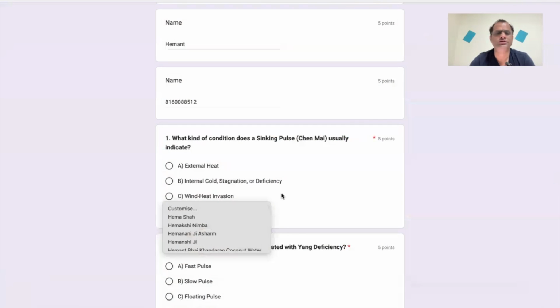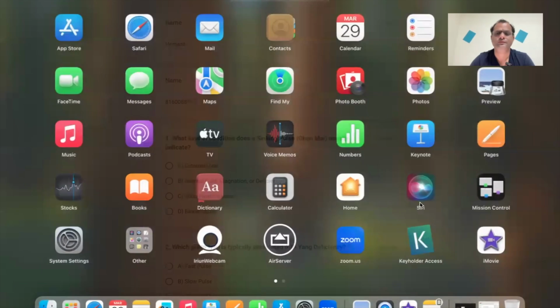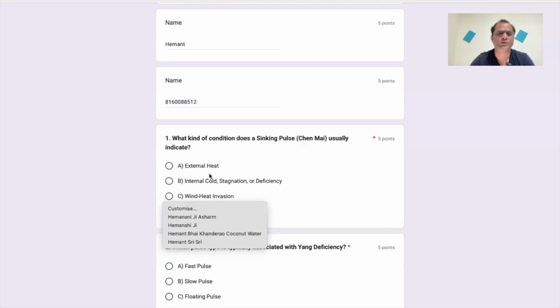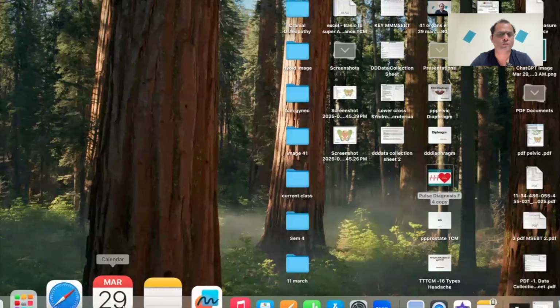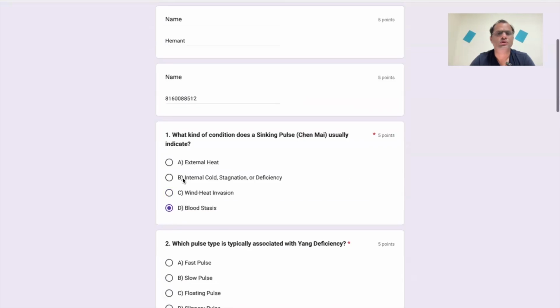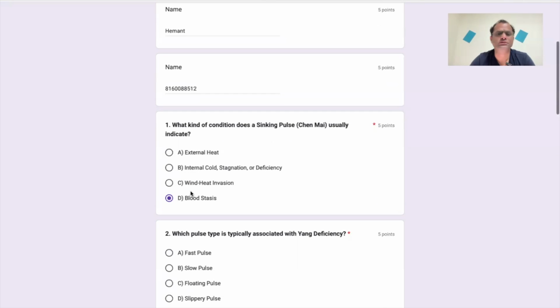Internal cold, stagnation, deficiency. Sinking pulse means very deep inside.